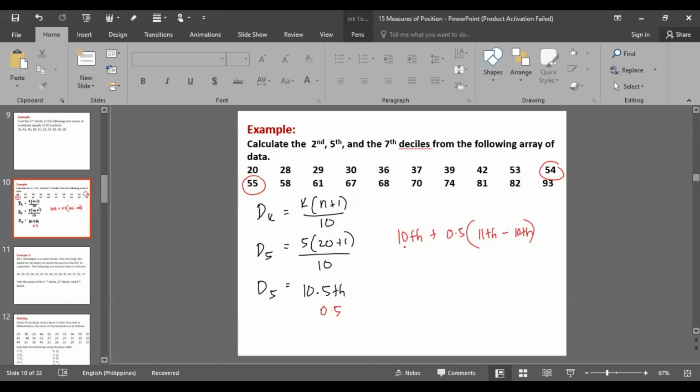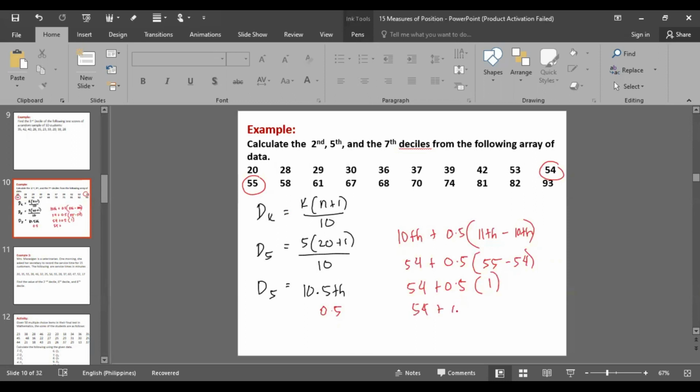So let's do the substitution. The 10th score point is 54 plus 0.5. Get the difference between the 11th and 10th score point. 55 minus 54 is 1.